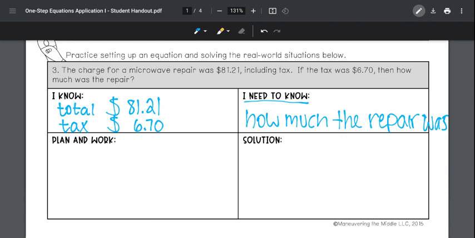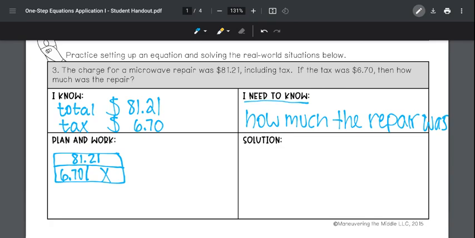Okay, so our game plan, I could make one of those little charts like there were in our other problems up top. We know our total altogether was $81.21. We know that the tax was $6.70, and then we don't know how much the repair was.